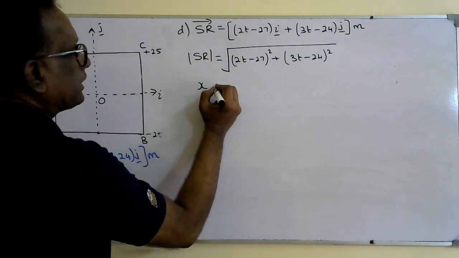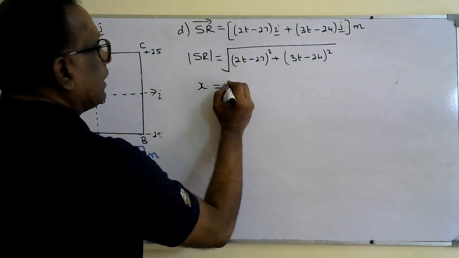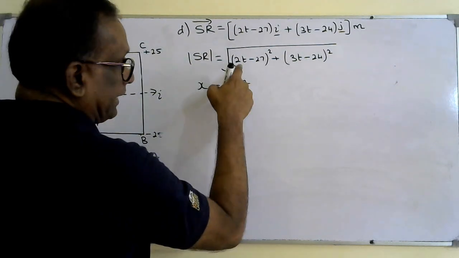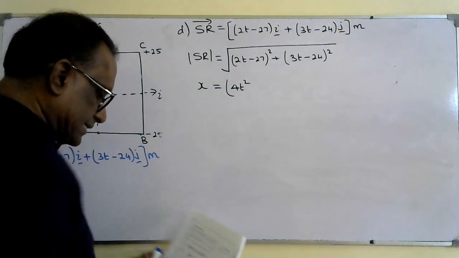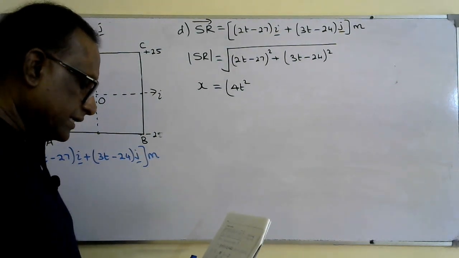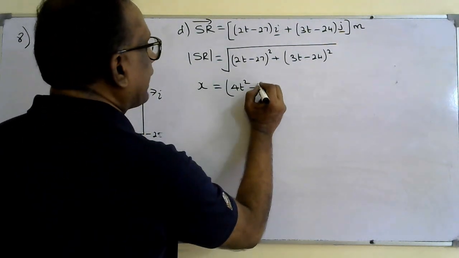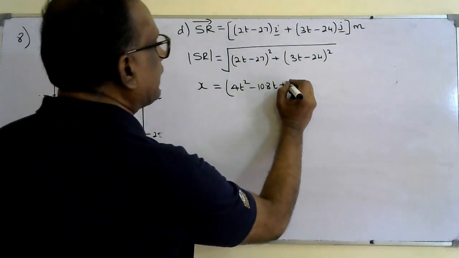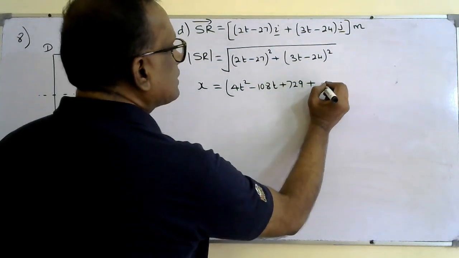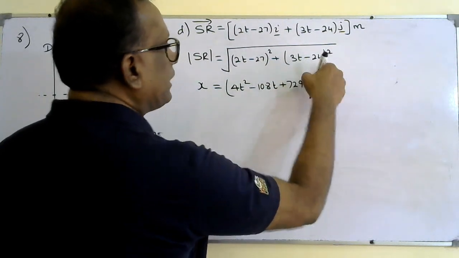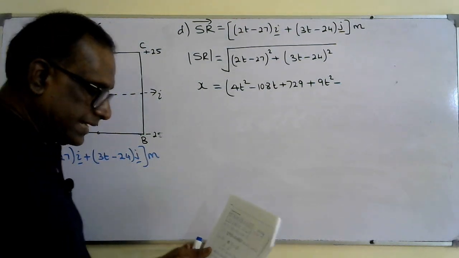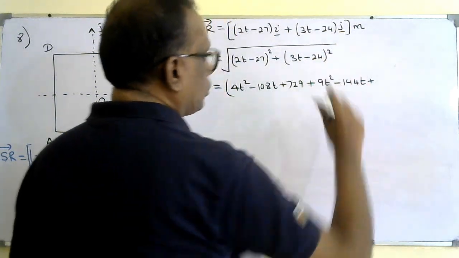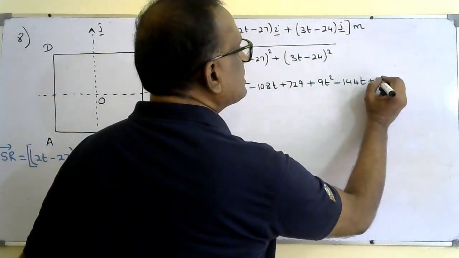Let it be x. That is going to be to the power half, the square root, of 4t squared minus 2 into 2t into 27, that is 108t, plus 27 squared, 729, plus 9t squared minus 2 into 24 into 3t, that is 144t, plus 24 squared, which is 576.